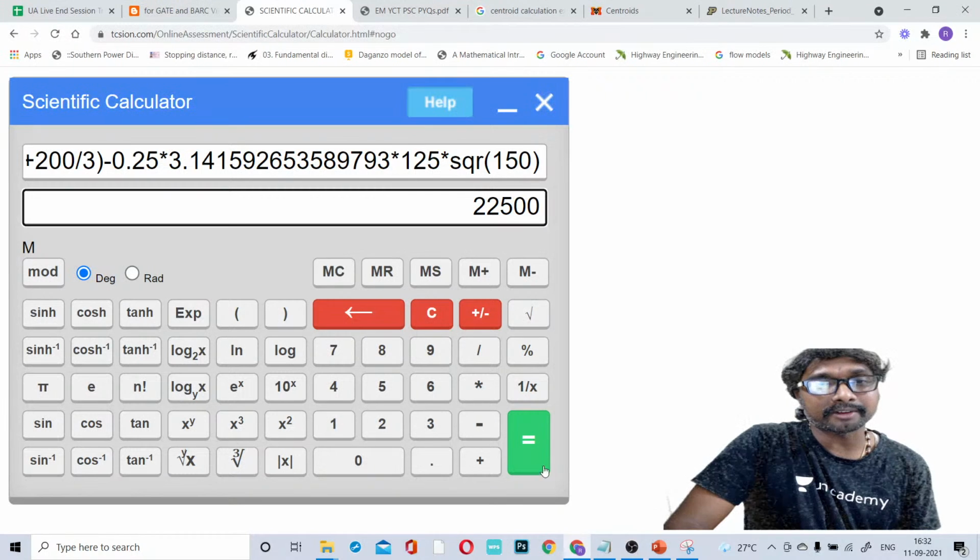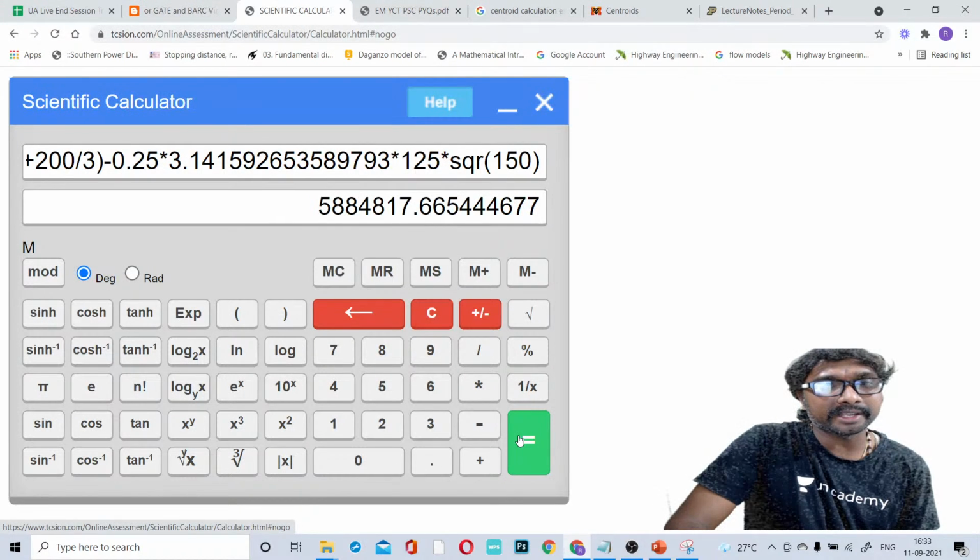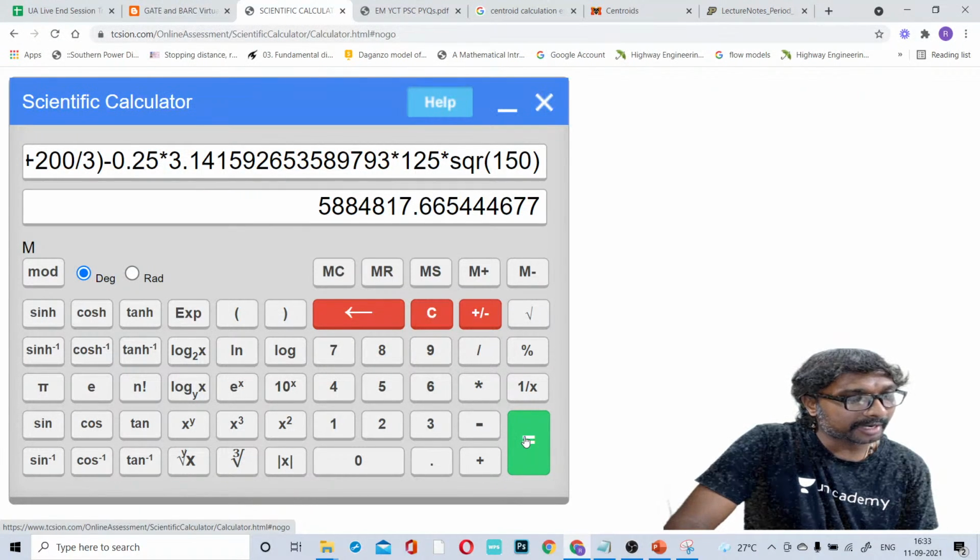If you press the equality symbol, this is the numerator value you are getting.